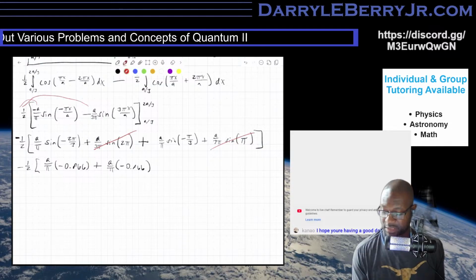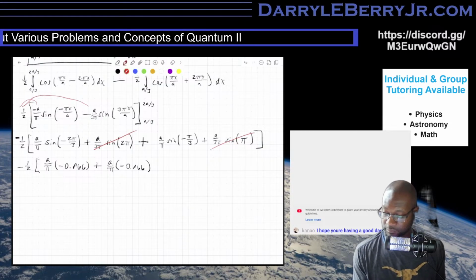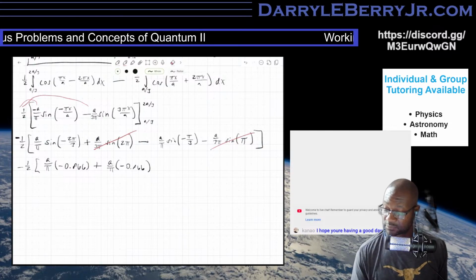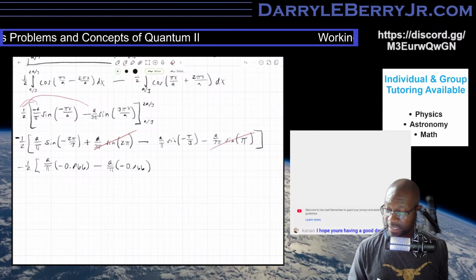I made everything on the inside plus. The negative is still on the outside. So that's what I did wrong. So this will still be subtracted because I took the negative out. So this will be minus.